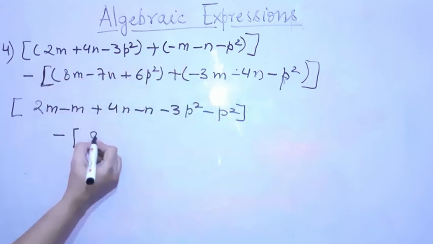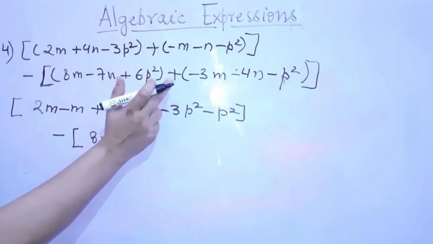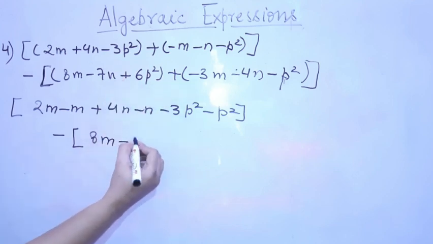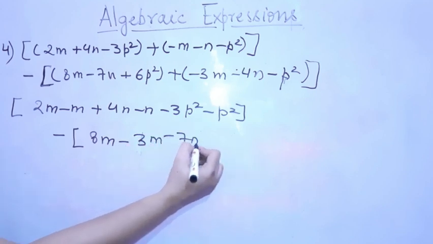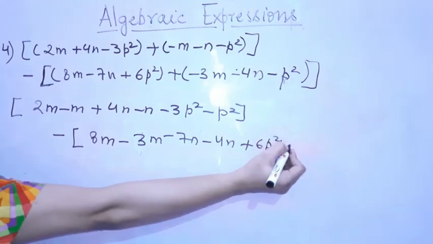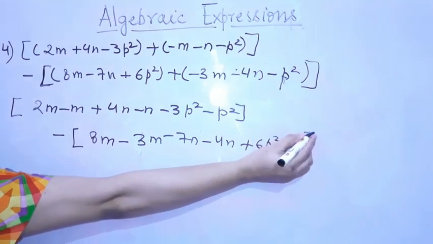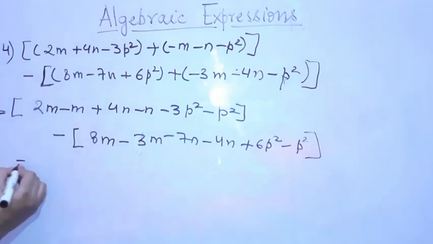So collecting like terms together, since there is a positive sign, the signs will not be changed. So 8m minus 3m minus 7n minus 4n plus 6p square minus p square. Now close the bracket. Now solve the things given in the bracket.